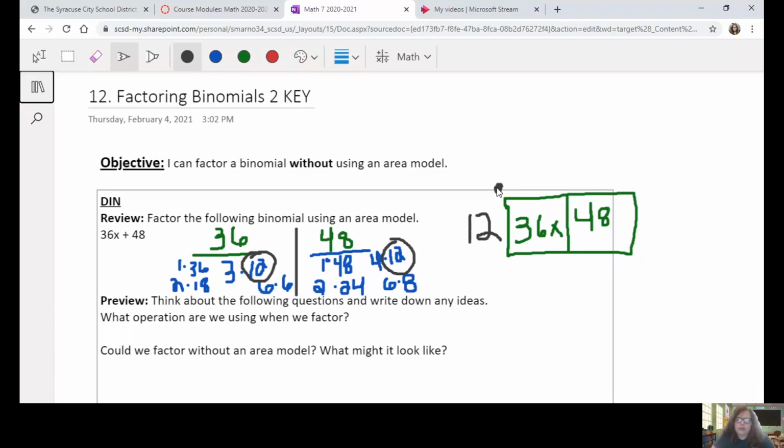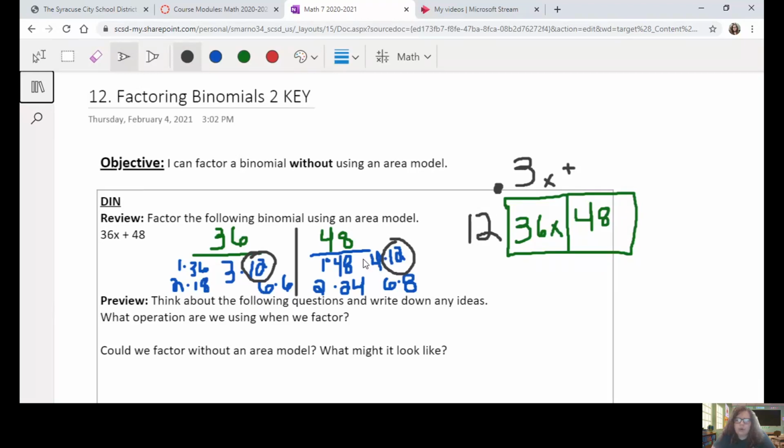And then if you think back to yesterday one more time on how we fill in the top of our area model, it is using those other factors. Okay, 12 was multiplied by 3 to get that 36. So we need that 3 here. And we're also going to need an x. Okay, so that 12 times 3x equals 36x exactly. We're going to put our plus sign in the middle, and then we're going to do the same thing with the 48.